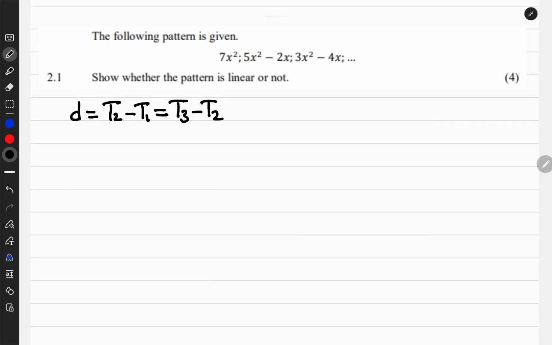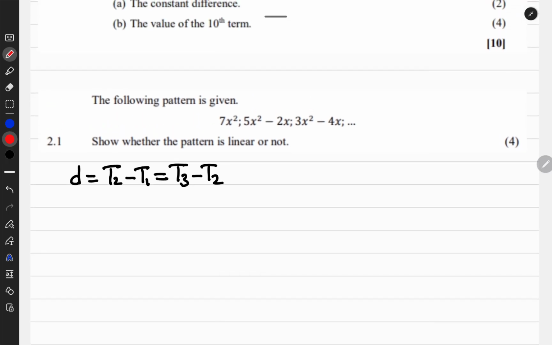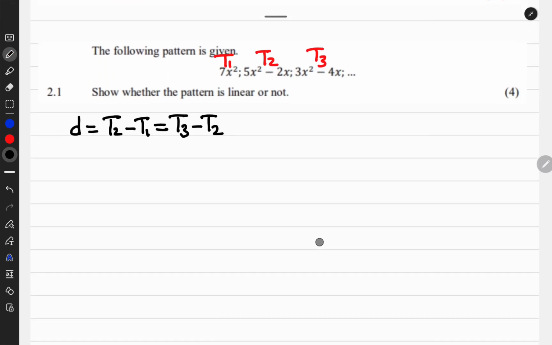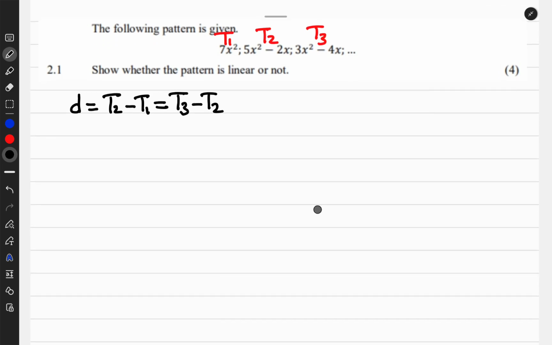So we understand that here we've got term number 1, term number 2, and term number 3. Now let's check whether T2 minus T1 will be equal to T3 minus T2. Let's check that.